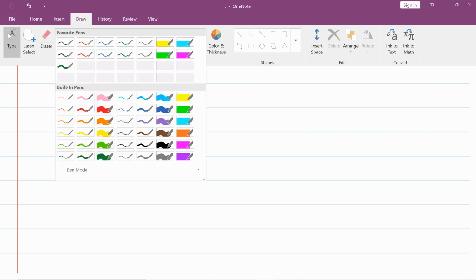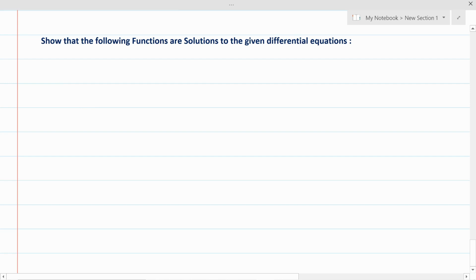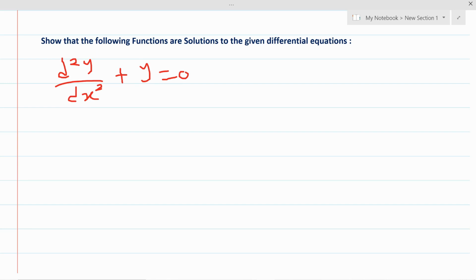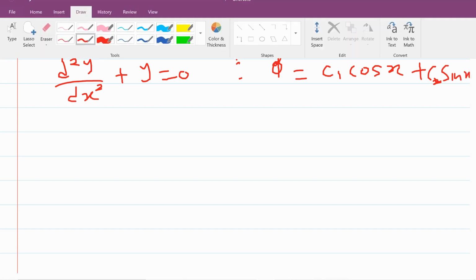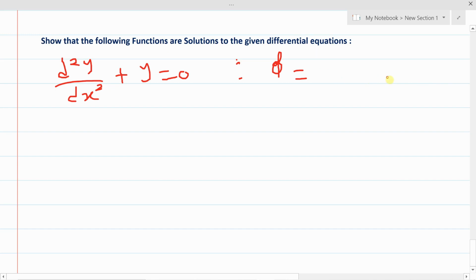The first differential equation is d squared y over dx squared plus y equals 0, and we are saying that the corresponding solution is phi, which is equal to c1 cos of x plus c2 sine x.